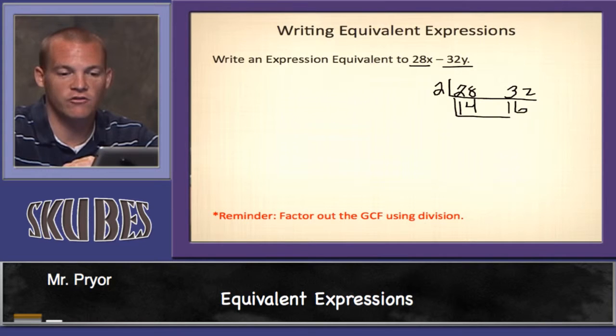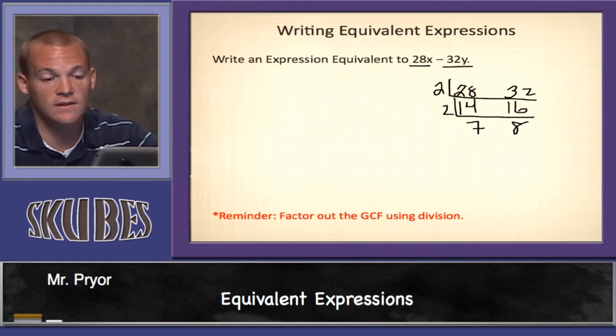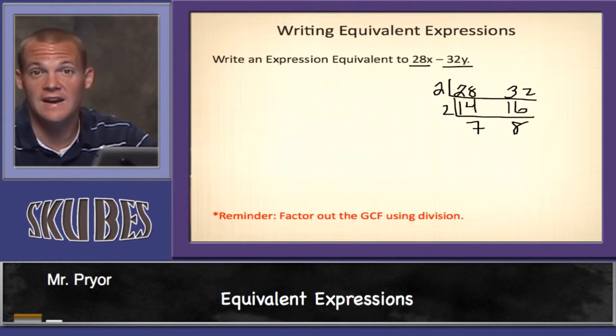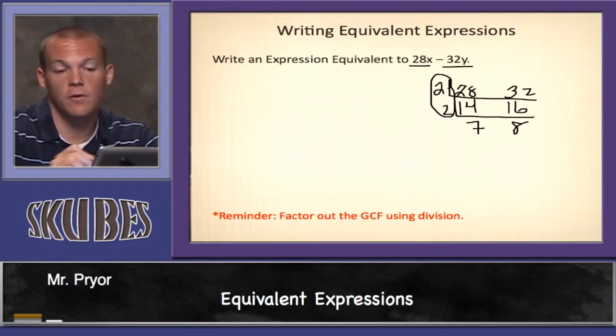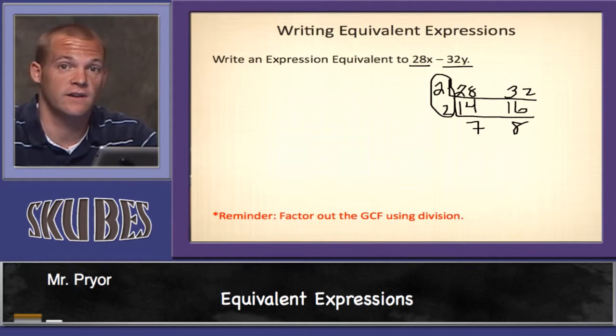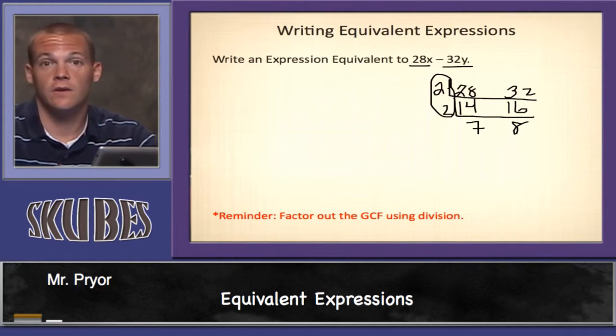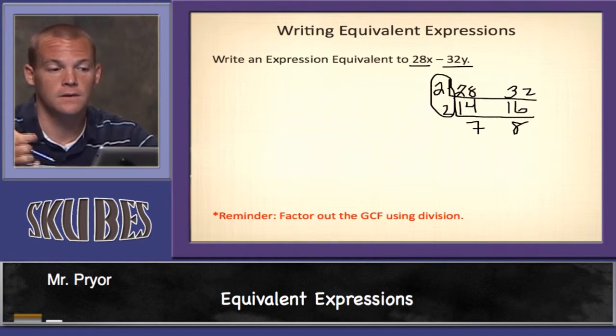So in this case, we can actually do it again, and we get 7 and 8. Now, is there a number that can divide evenly into 7 and 8 together? No. So that means we're finished. The numbers to the left here multiplied together give us our greatest common factor. So in other words, 28 and 32's greatest common factor is going to be 4.